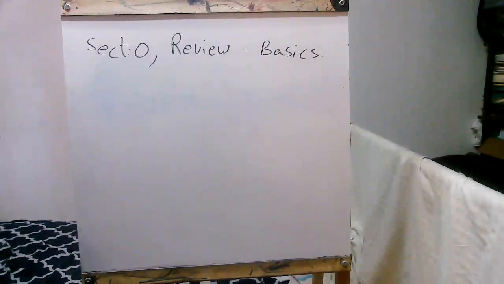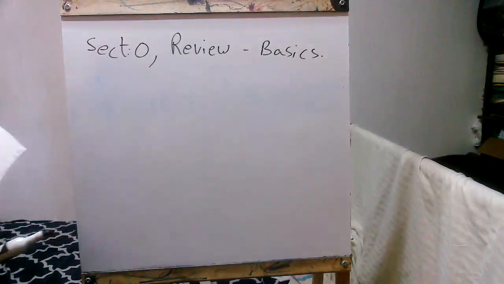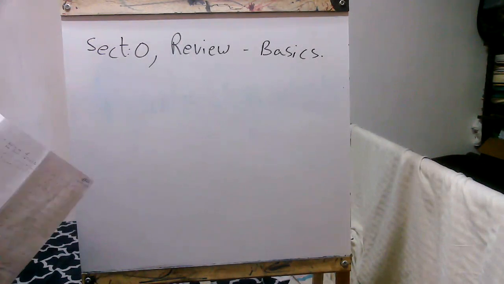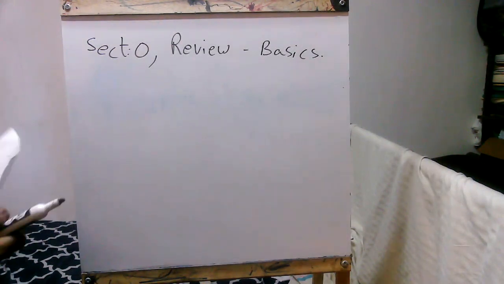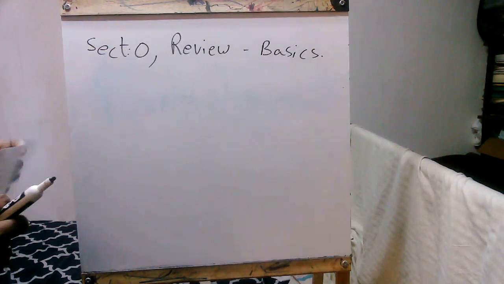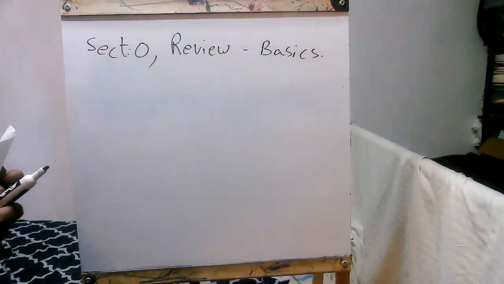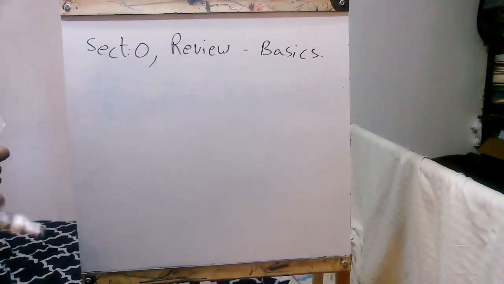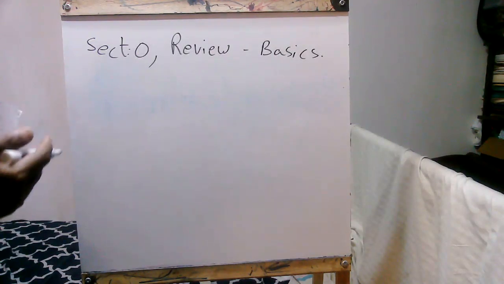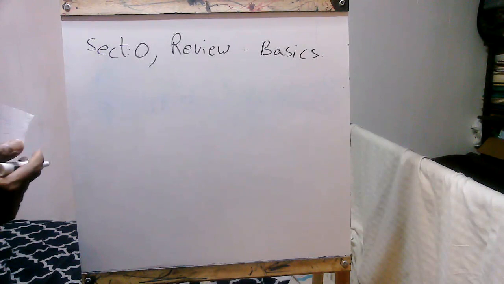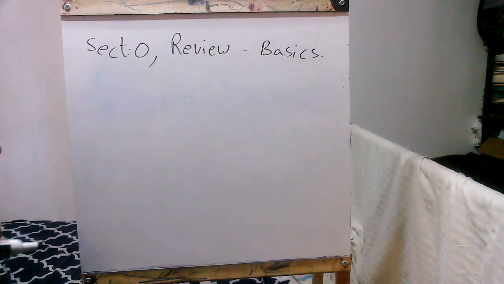So in this section 0, I'm going to review basics, which are basic and intermediate algebra. These topics I'm going to discuss do not appear on the syllabus I gave you, but these basic topics are very important for understanding the concepts in the applied calculus class.